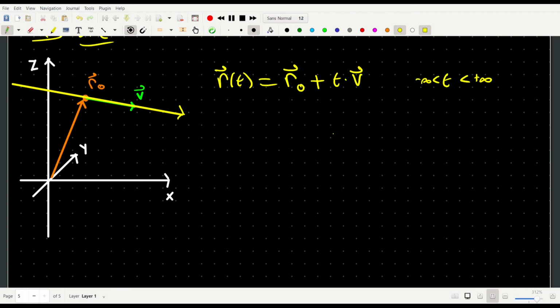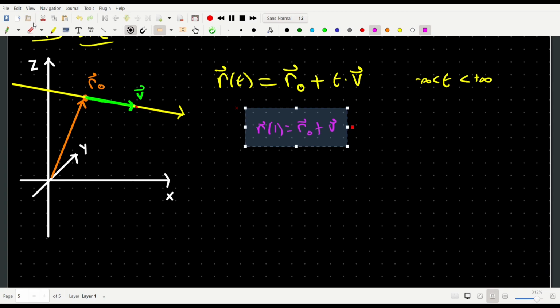Now this is giving you this because if you plug in, say, just t equals 1, what point do you get when t equals 1? You get r of 1 is r naught plus v, which is going to be exactly this point at the end of the vector v. So r naught plus v, we'll color this in pink, gives the position vector of this point right here.